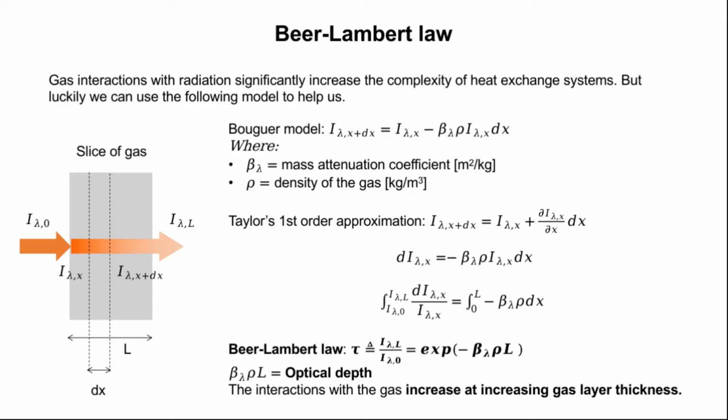If we combine this expression with the Taylor's first-order approximation of I lambda x plus dx, we obtain that dI lambda x is equal to minus beta lambda rho I lambda x dx.